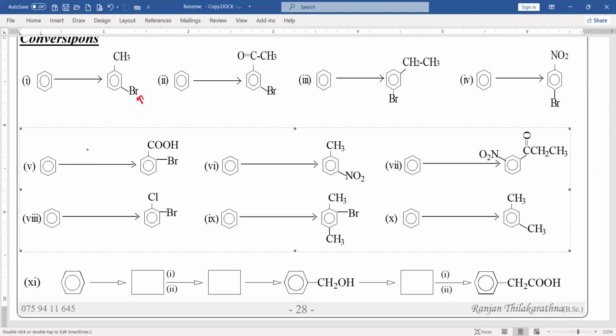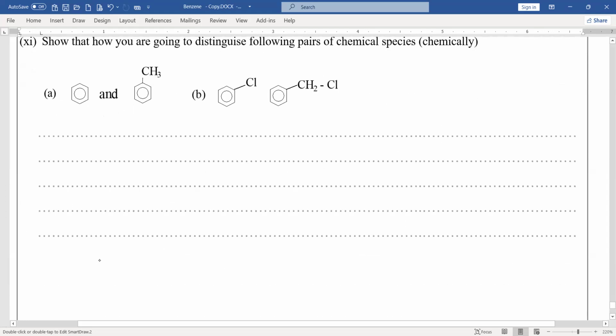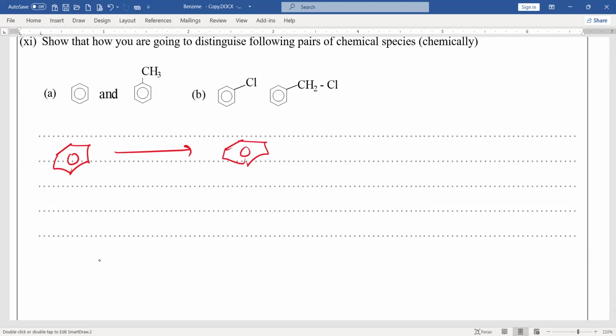Then whatever the group you add, first you have to add the meta director. Then the next group. Let's see. If you first add this, what do we need here? We have the CH3 group here and Br group here.